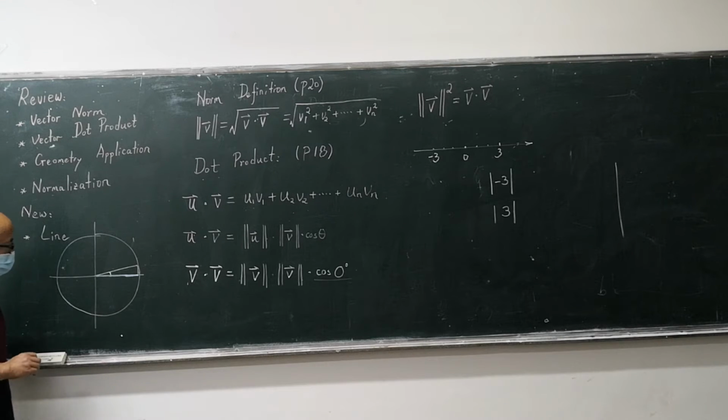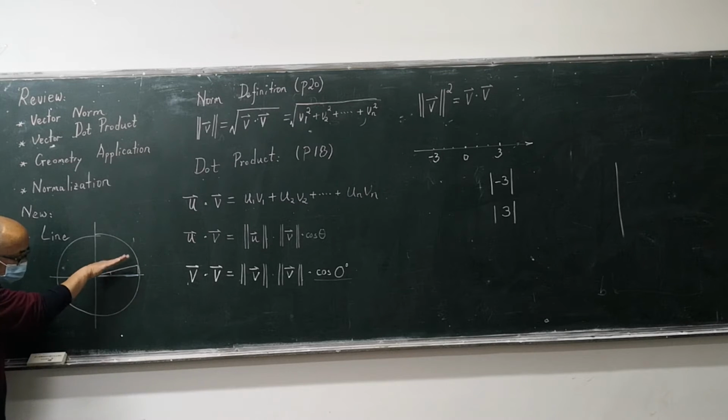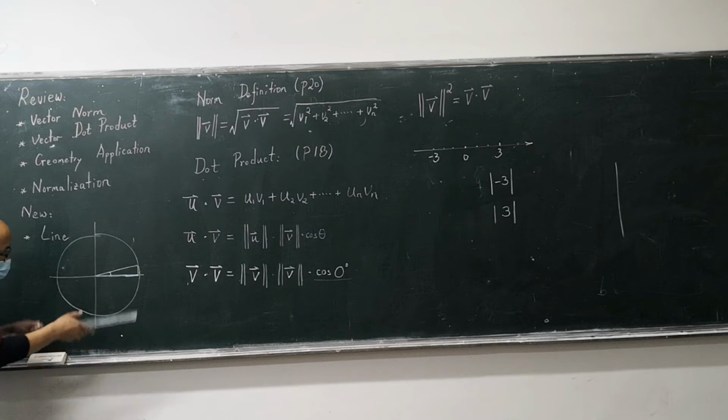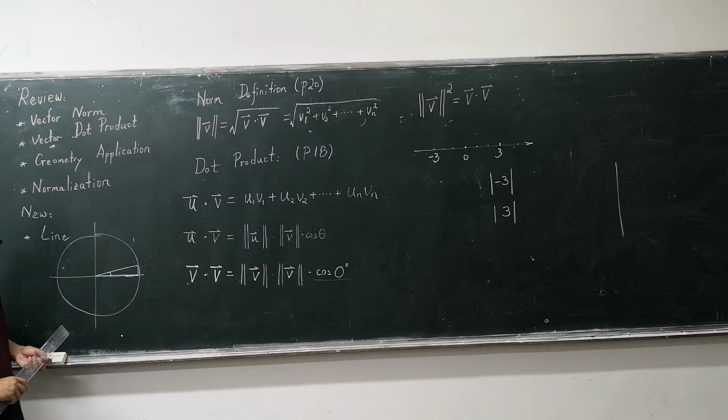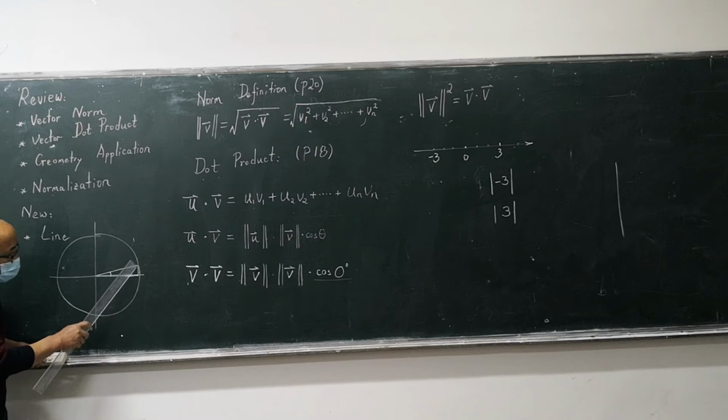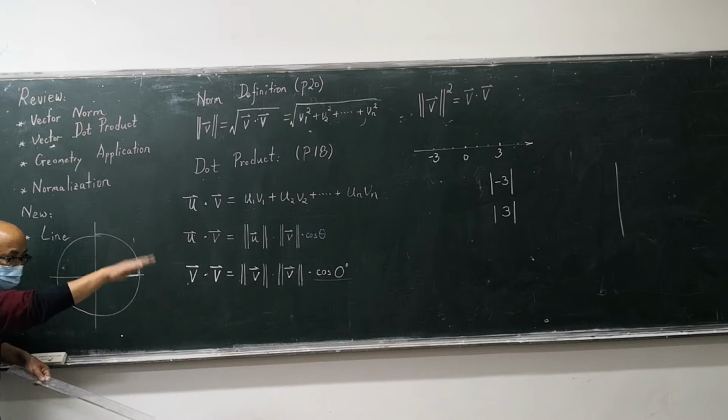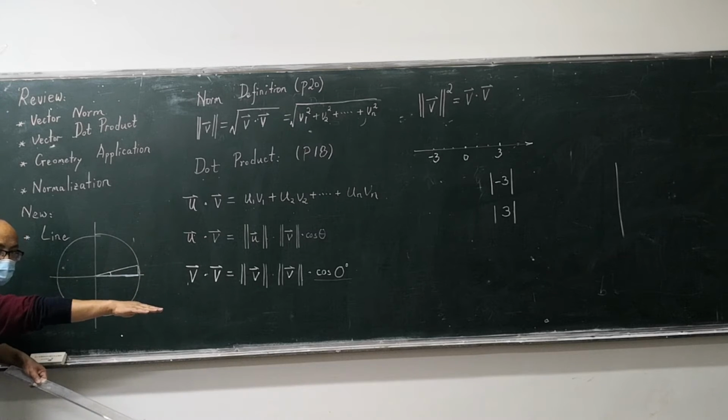Now let me make the angle smaller and smaller, until it becomes 0. What is the sine 0? The red one, the movie screen, now is on the floor. Sine 0 is 0.